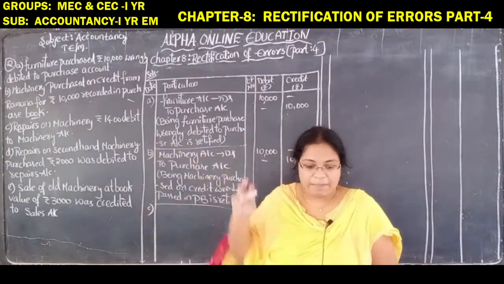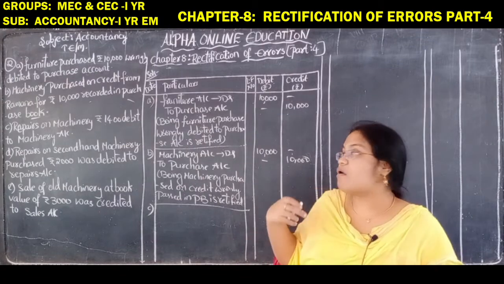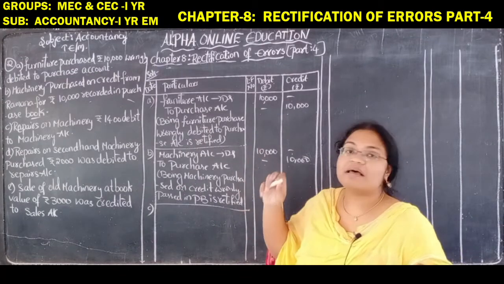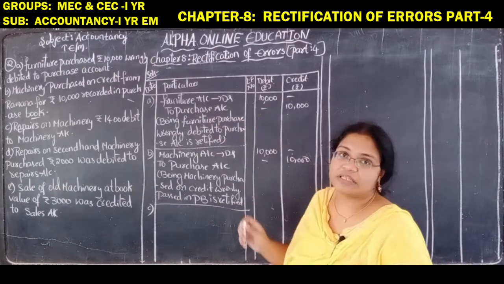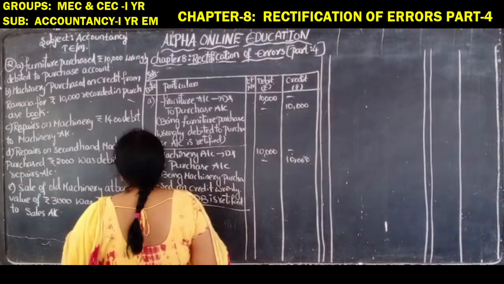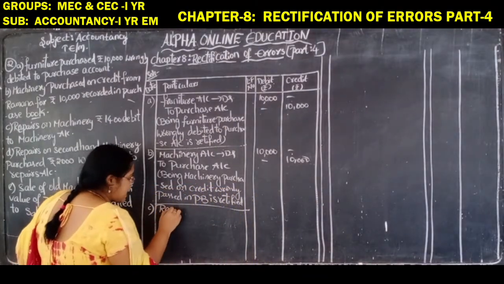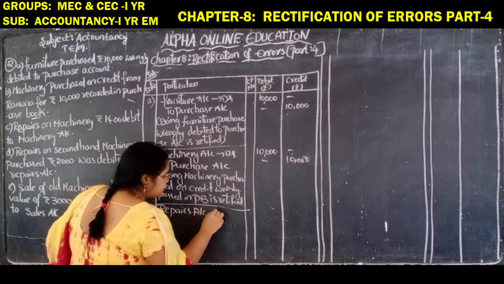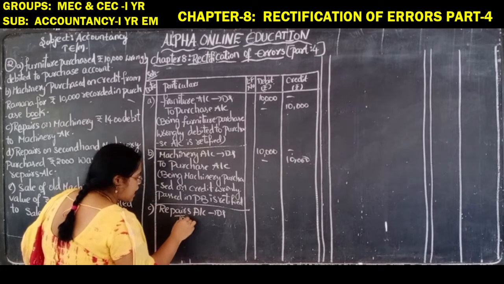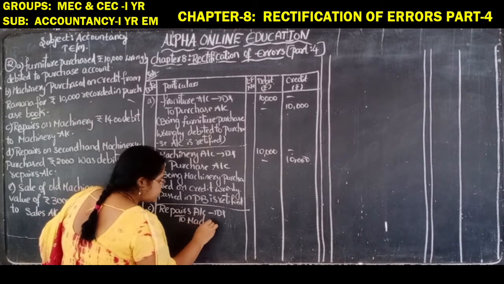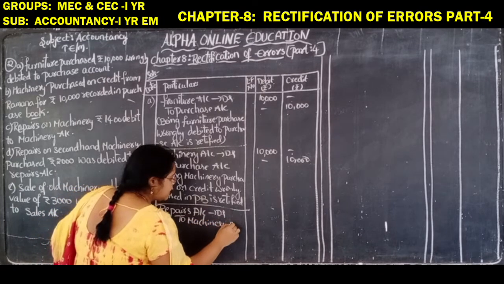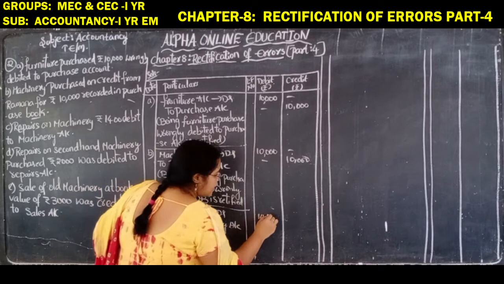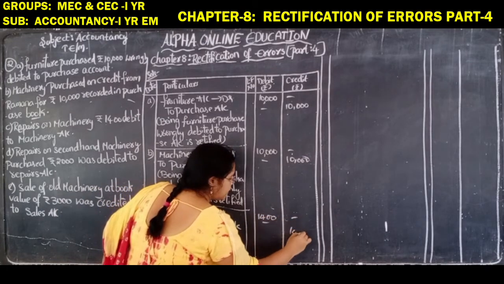They have debited the machinery, so now I am going to credit the machinery. In the same way as we did for the purchase, I am going to do now. So repairs account debit to machinery account. What is the amount? 1400 rupees.